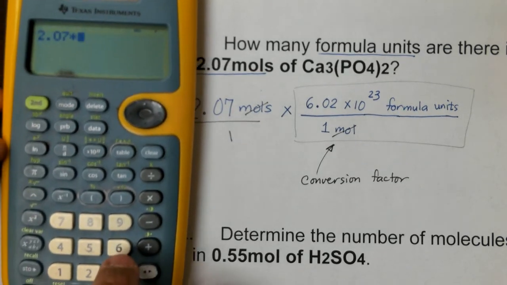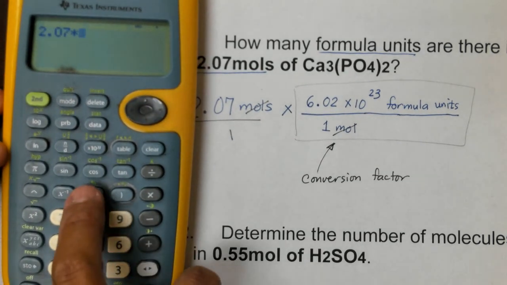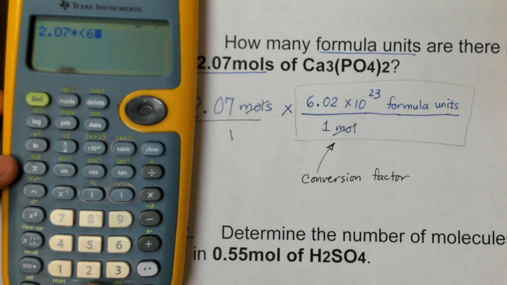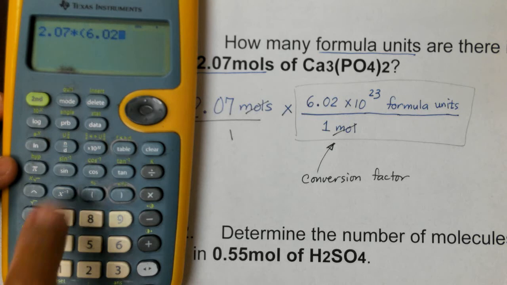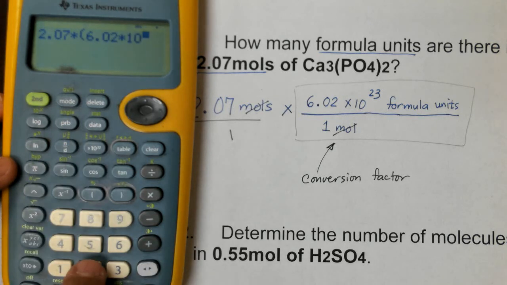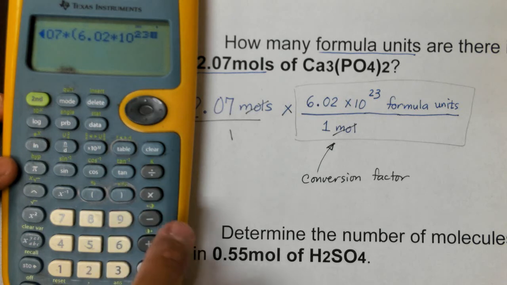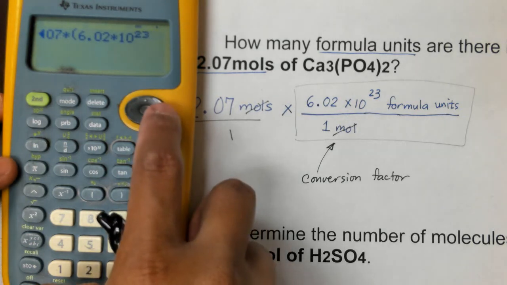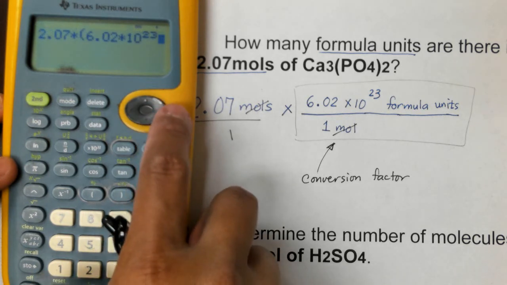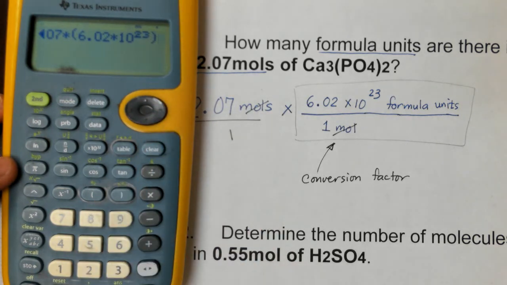It's better to put a parenthesis to enclose it, and then put your 6.02, and then the times 10 to the power of n, and then input the exponent 23. To close the parenthesis, we can press the arrow to the right, like that. And then press enter.